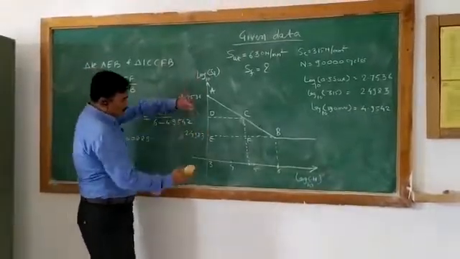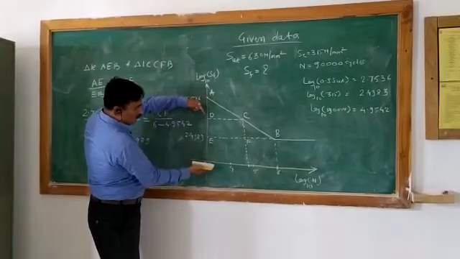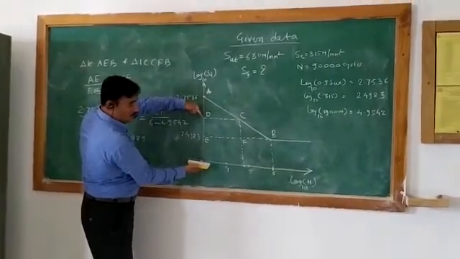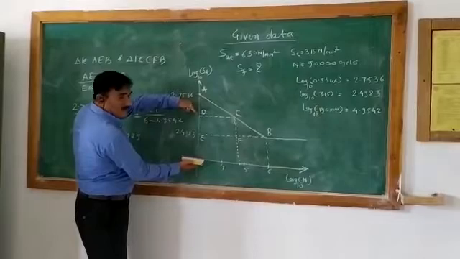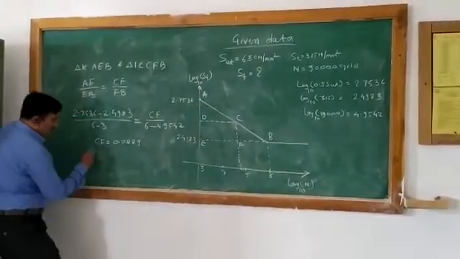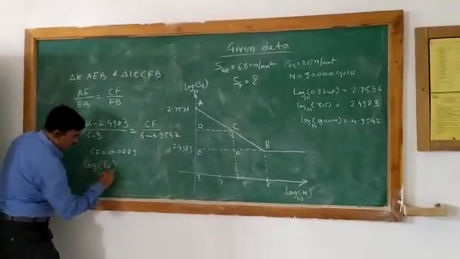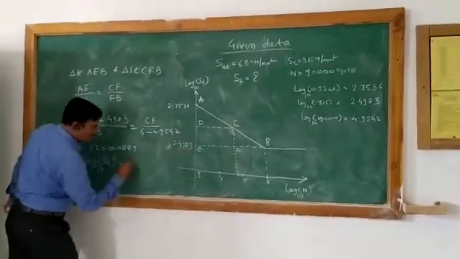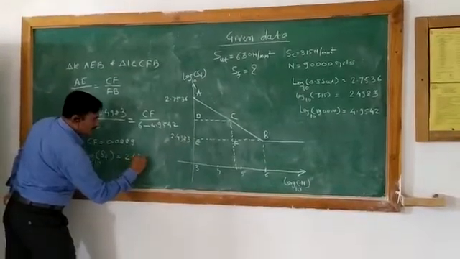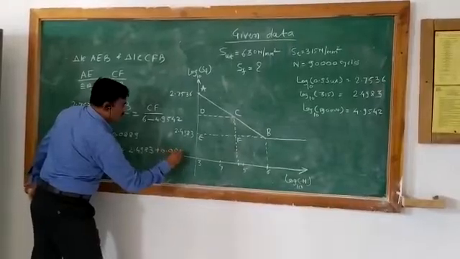Now just look at this figure, CF and D. If I calculate this one and take the anti-log of it, I will get the value of SF. So log of SF to the base 10 is equal to 2.4983 plus 0.0889.